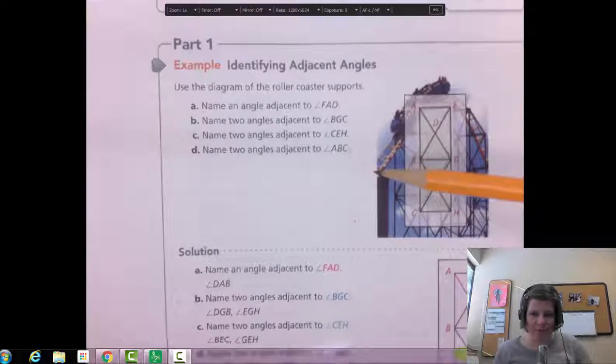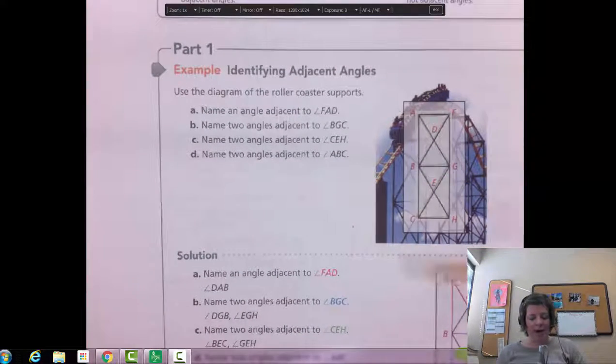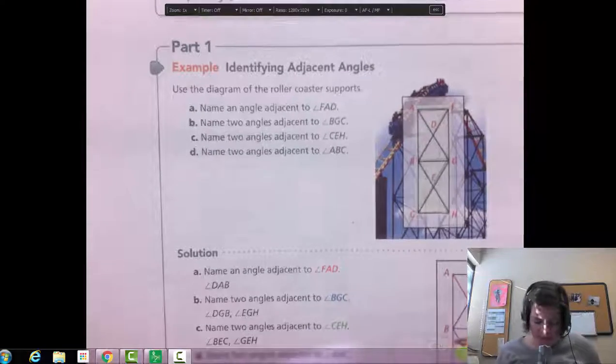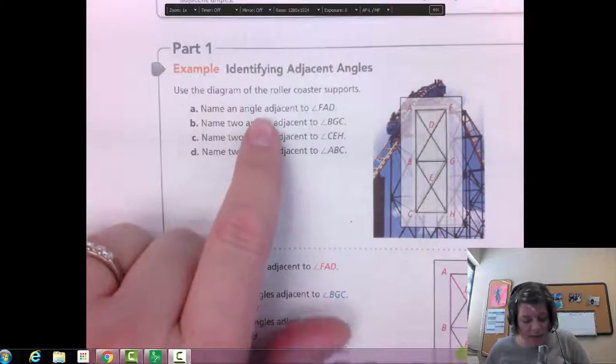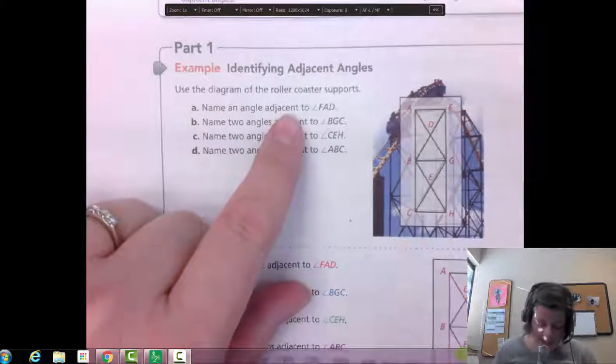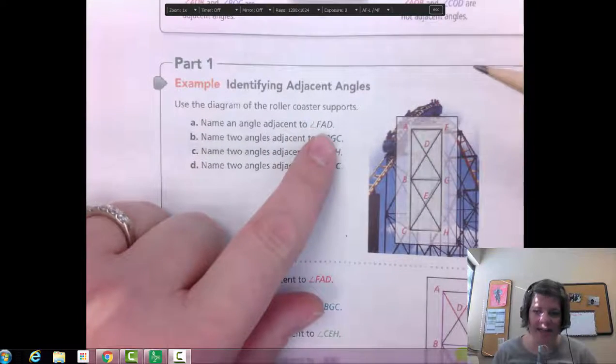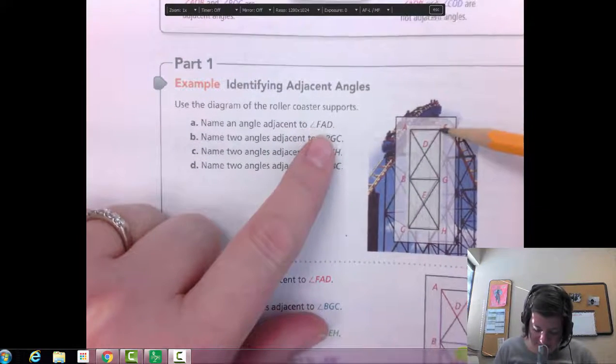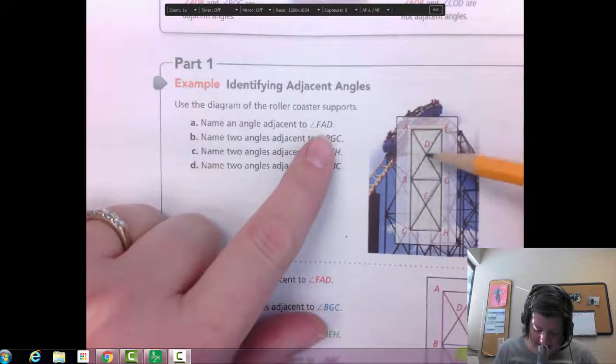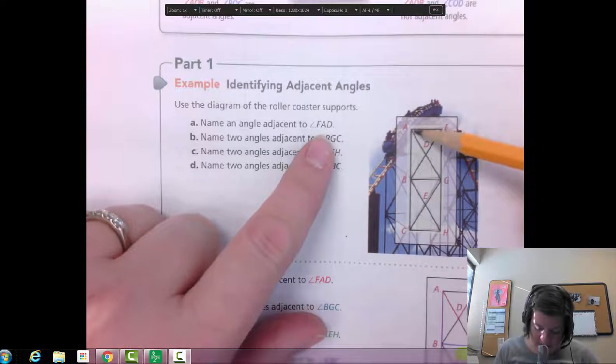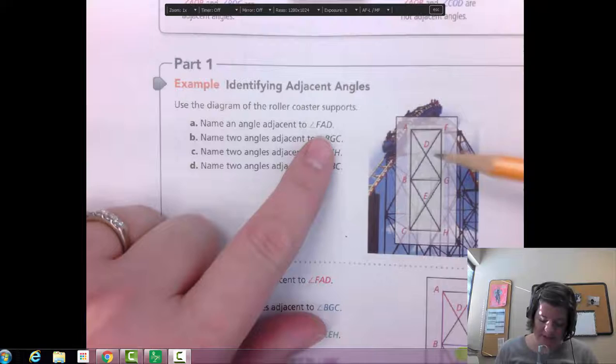Let's look at this other example from the book here. Use a diagram of the roller coaster supports and name an angle adjacent to FAD. So the middle is our vertex, so it has to have the same vertex.